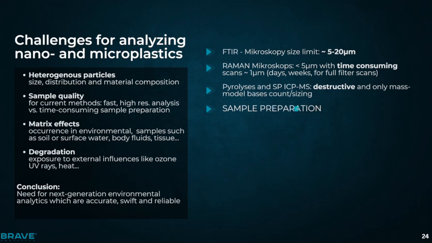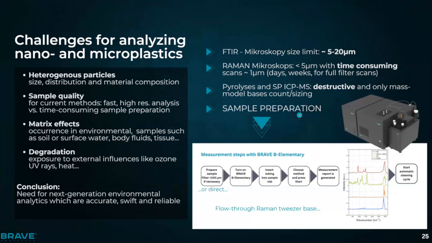And the last thing, I think what we noticed, is really the sample preparation steps. We underestimated what other technologies really need in order to have the sample filtrated on this filter, for example, and have a clear approach on how now we are ready to measure within a microscope.